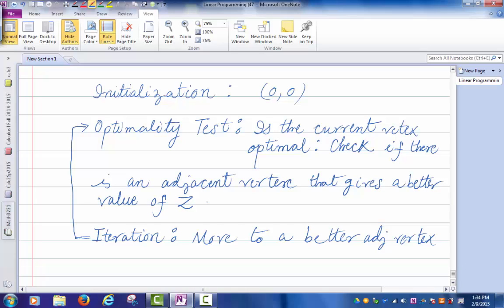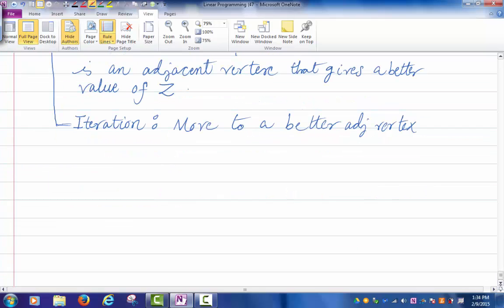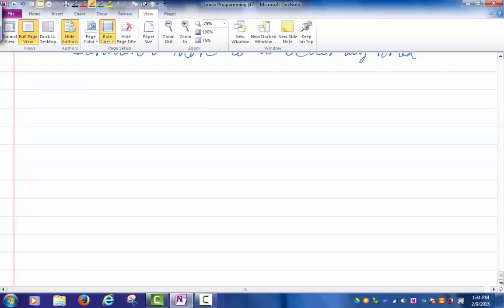So let's now think about how the simplex works algebraically. Any questions you guys have for me right now?